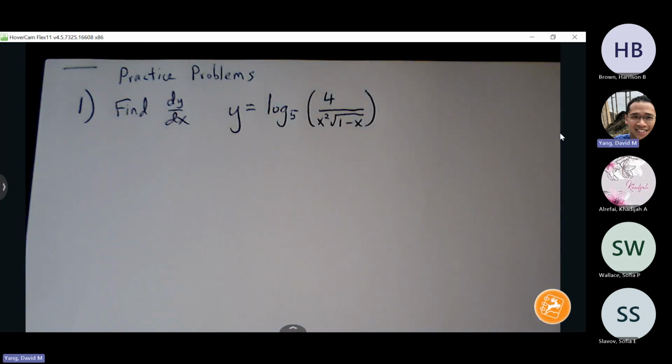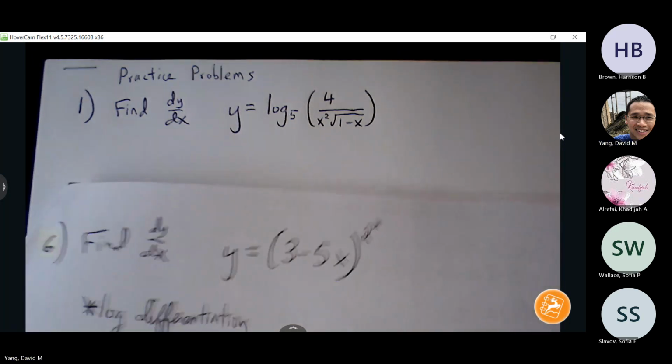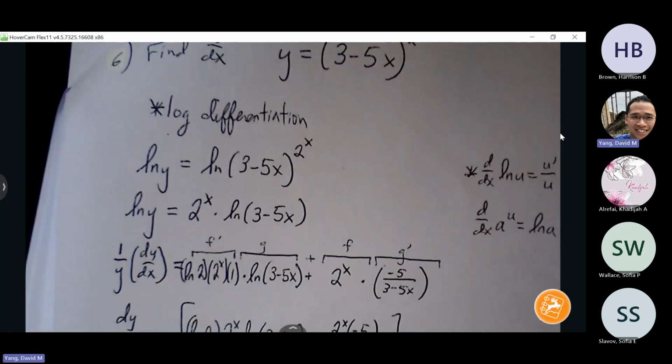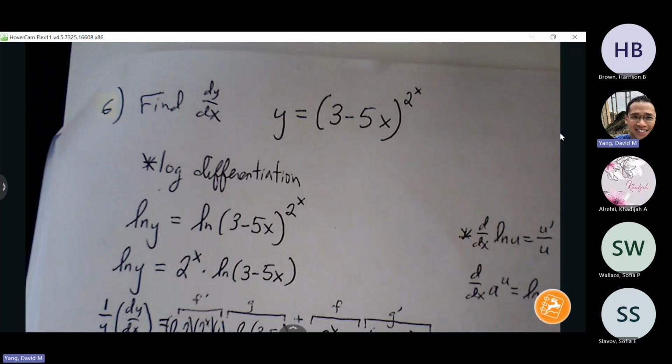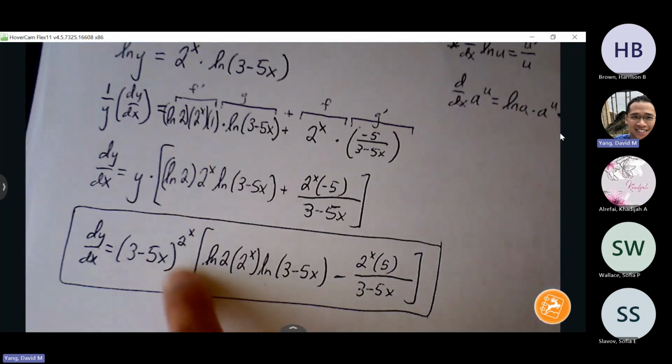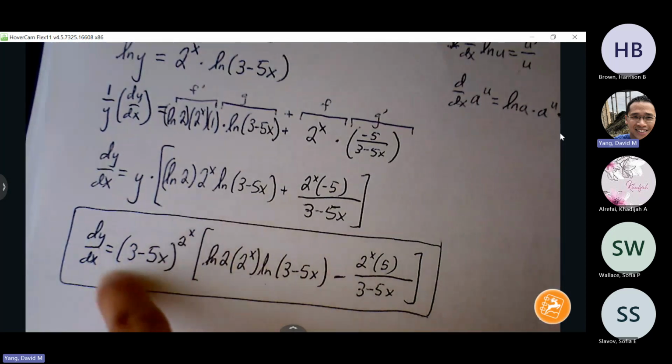The original, right? So you just have to bring down the original. When we go to logarithmic differentiation, you want to represent your derivative in terms of just x. So remember y is only a temporary variable on the right side. That y will be replaced with the original equation.